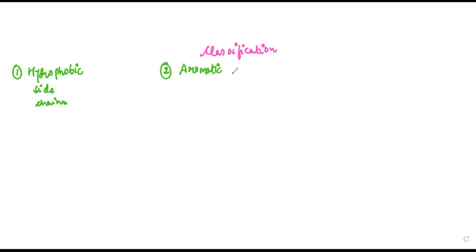So when we talk about classification, we have amino acids with hydrophobic side chains, those that consist of aromatic side chains, and then the hydrophilic side chains.